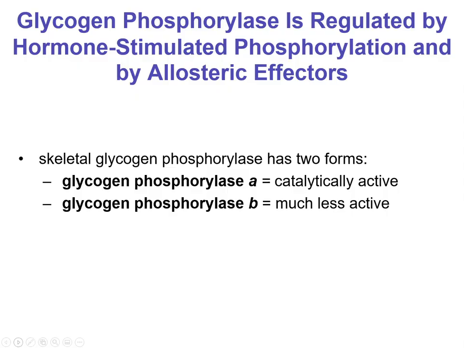Glycogen phosphorylase in the skeletal muscle has two different forms. This is also true for the liver. There's glycogen phosphorylase A, and that one is active. So A, active. Glycogen phosphorylase B, much less active. We didn't say completely inactive, but it is much, much less active than the A form.